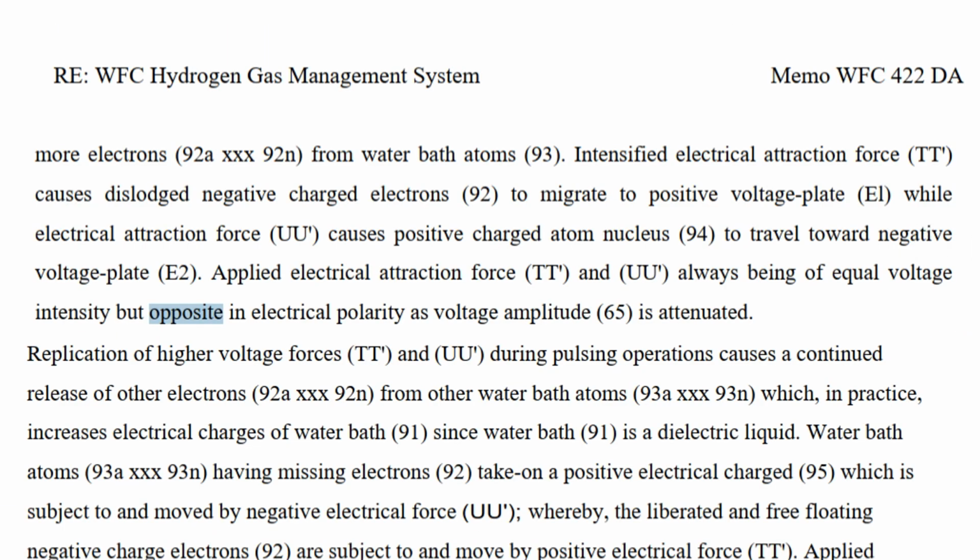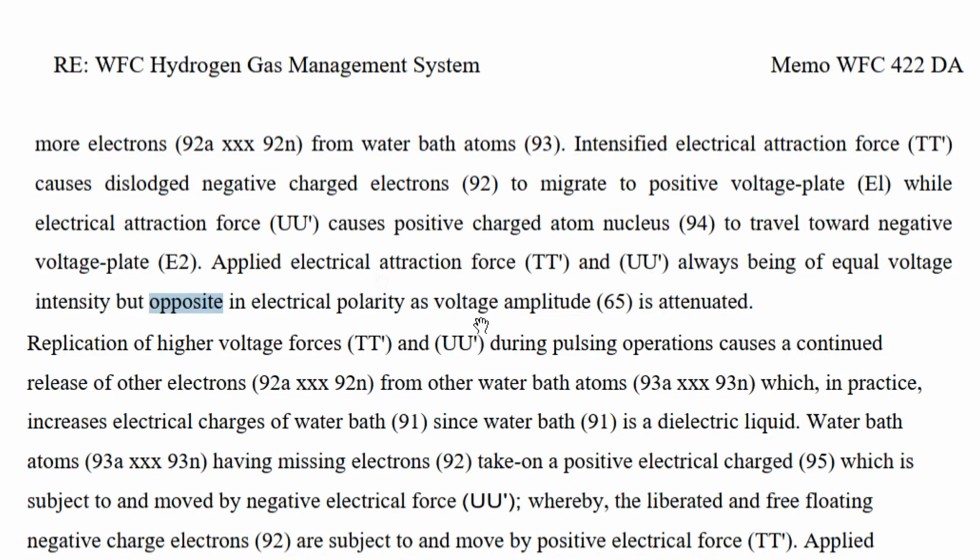Intensified electrical attraction force causes dislodged negative charged electrons to migrate to positive voltage plate, while electrical attraction force causes positive charged atom nucleus to travel towards negative voltage plate. Applied electrical attraction force always being of equal voltage intensity but opposite in electrical polarity as voltage amplitude is attenuated. Spelled out right there for you guys.